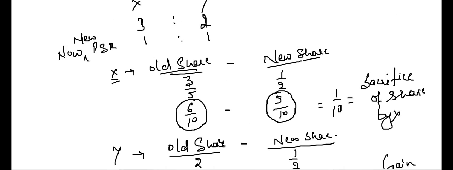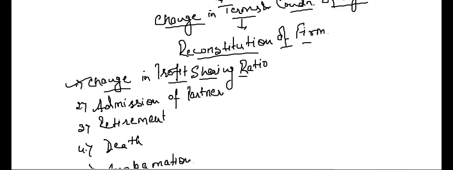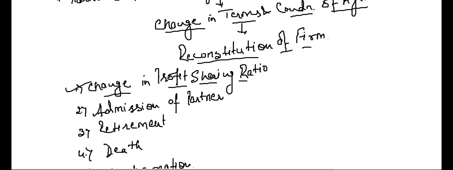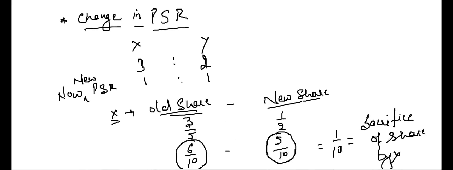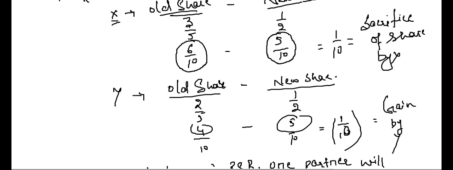So this is the beginning of change in profit sharing ratio. First, the reconstitution of firm, change in the terms and conditions of the very basic agreement, that is the partnership deed. Then change in profit sharing ratio, how to calculate the sacrifice and gain by partners, old share minus the new share. If it is positive, it is a sacrifice.